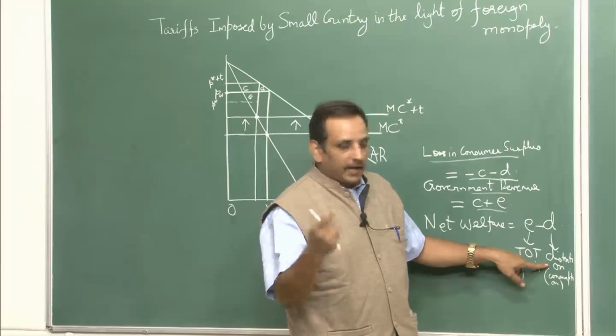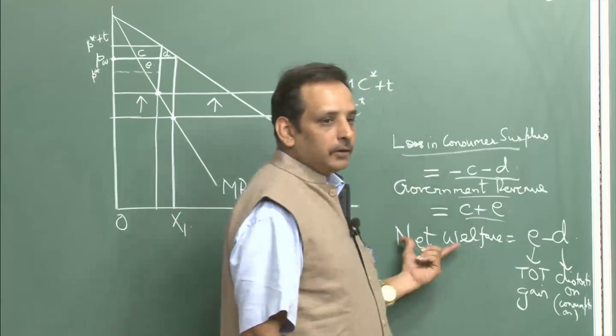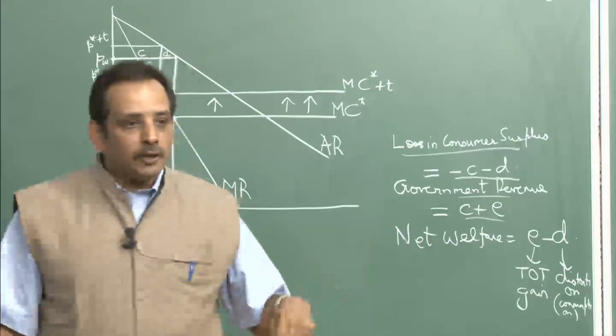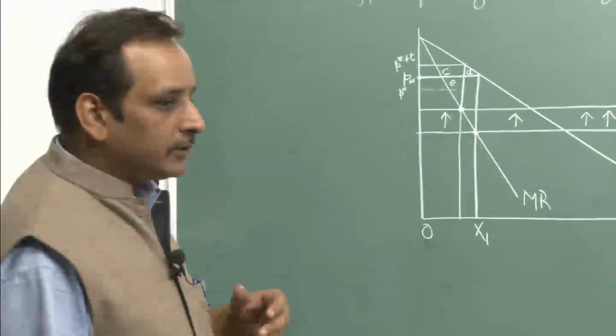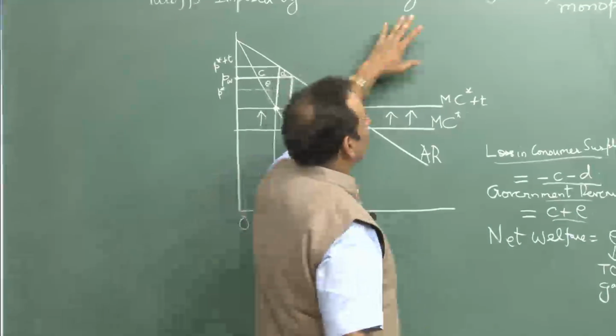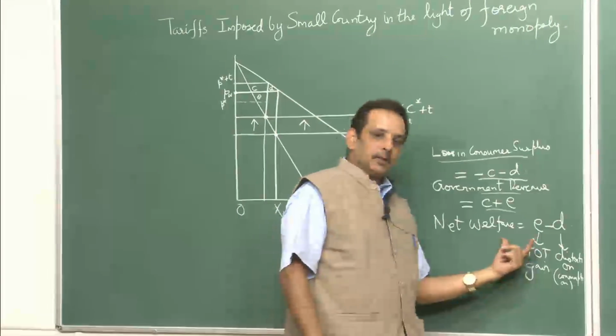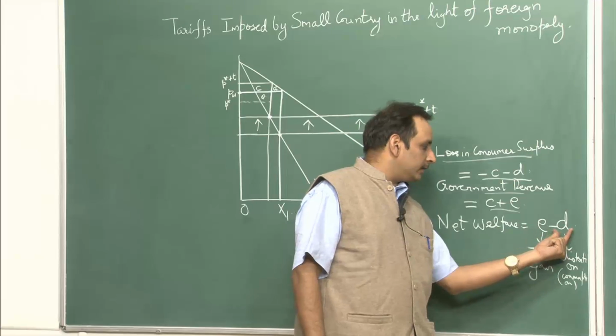So for small tariffs, you can have a positive impact on the welfare. So the net welfare when the tariffs are imposed by a country in the light of foreign monopoly is ambiguous, because this is the terms of trade gain, this is the distortion.